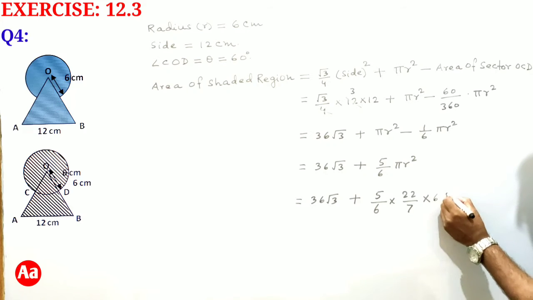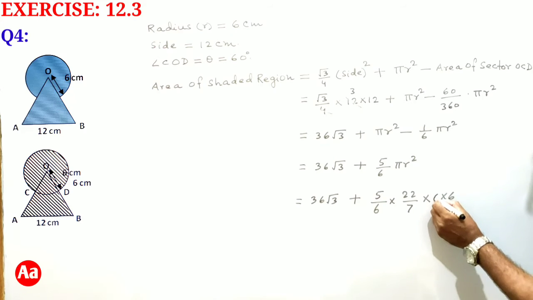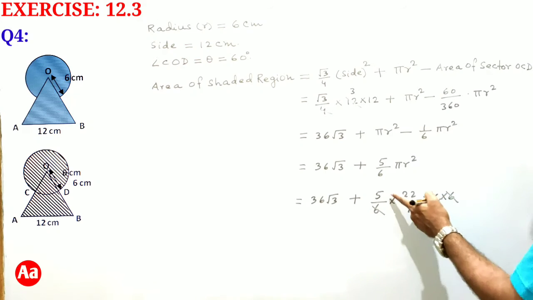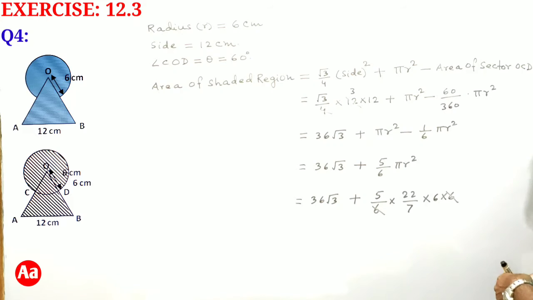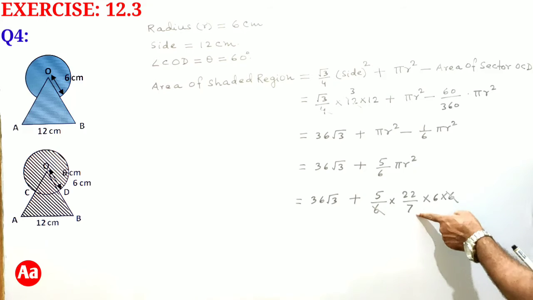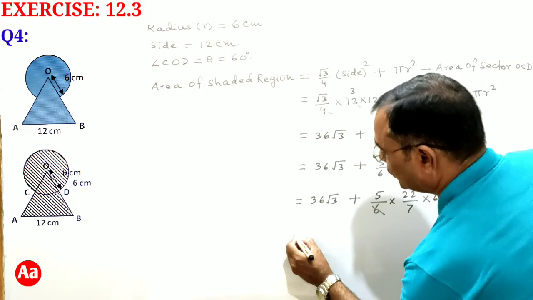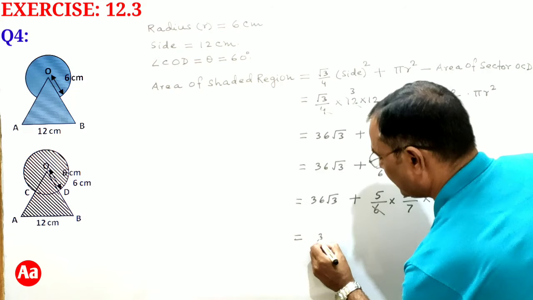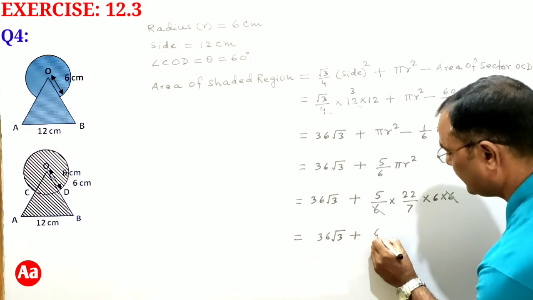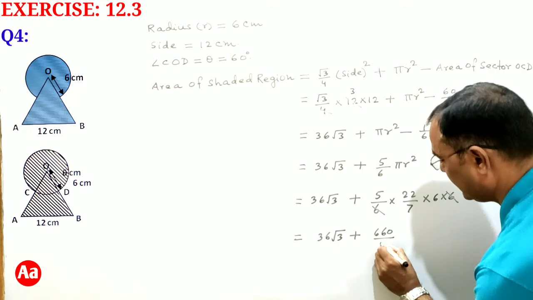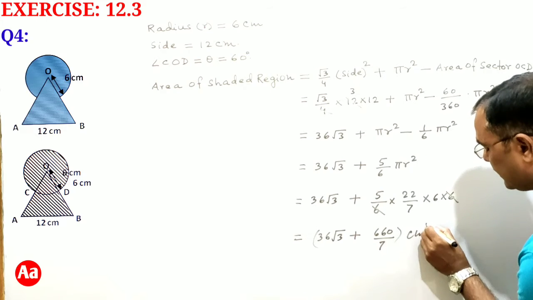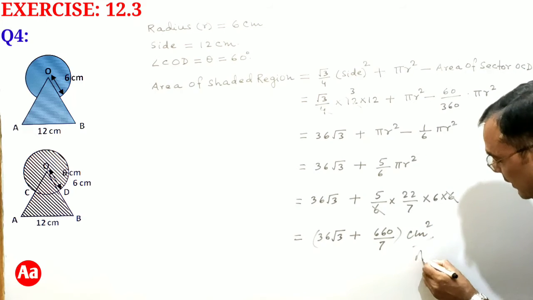So radius 6 into 6, that is 6 square. This 6 gets cancelled. 5 into 22, 110 into 6, 660 divided by 7. So this is equal to 36 √3 plus 660 divided by 7 centimeter square, and this is the answer.